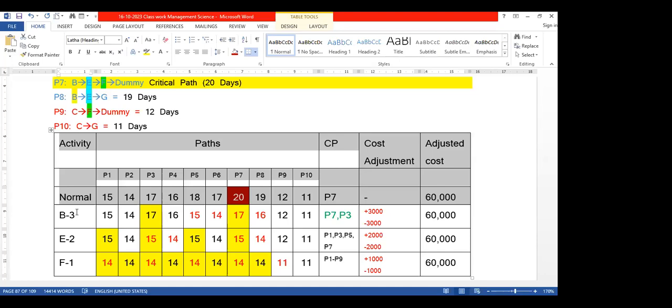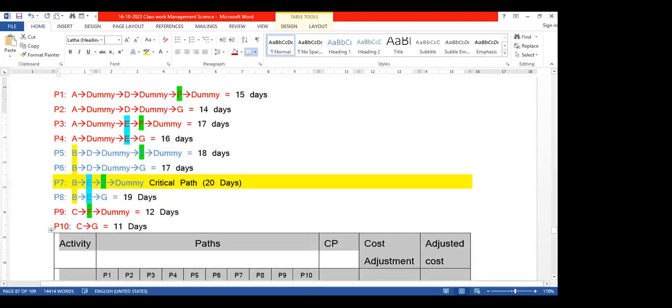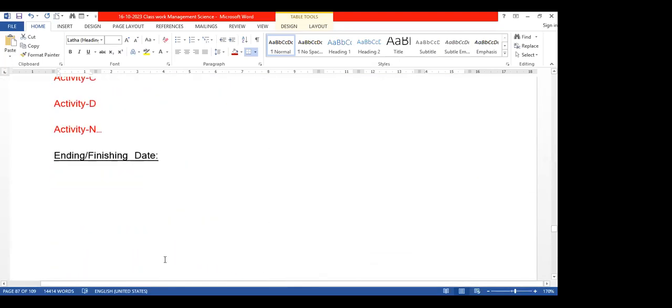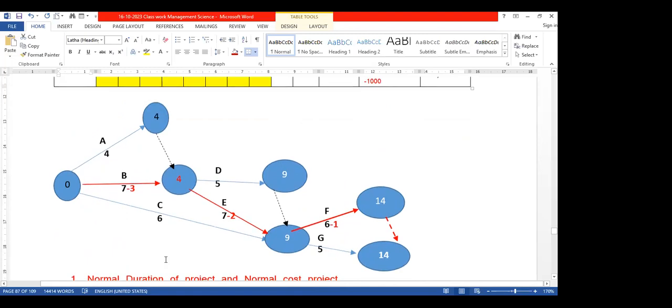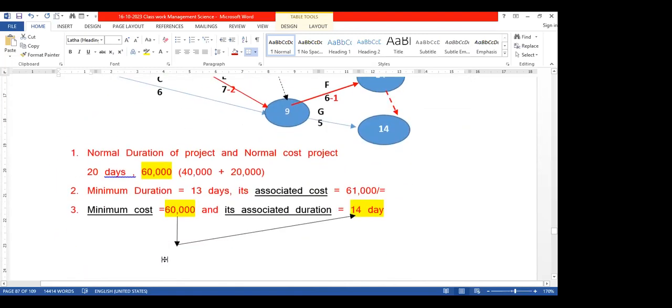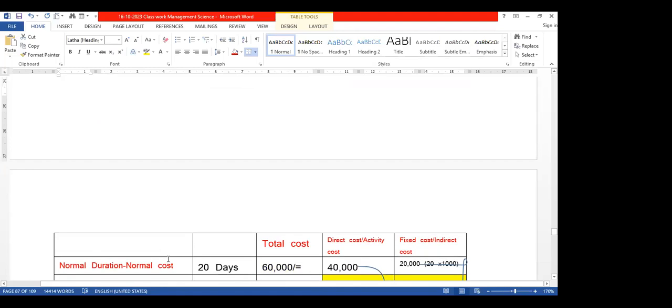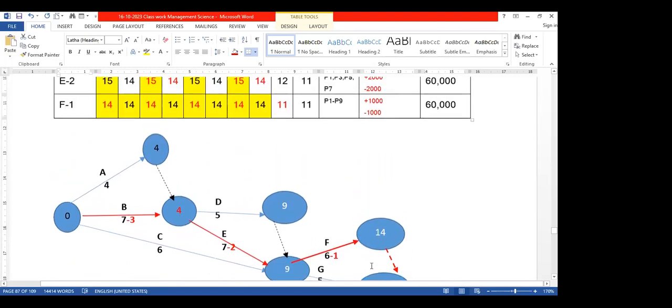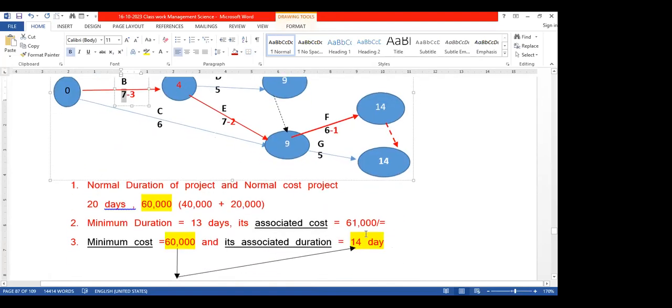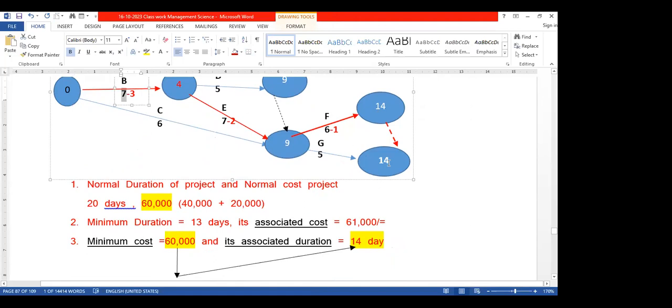So the B, you see that, right, from the normal duration diagrams. I have put it here. From B, you see that, altogether, while we are starting, it's 20.